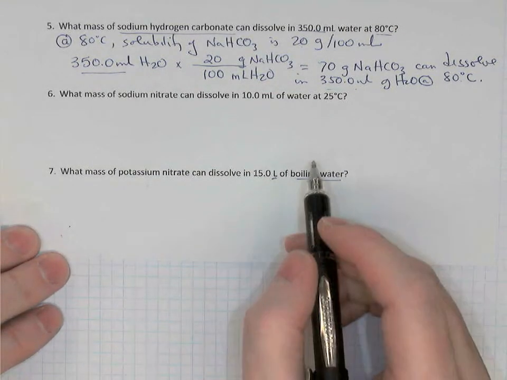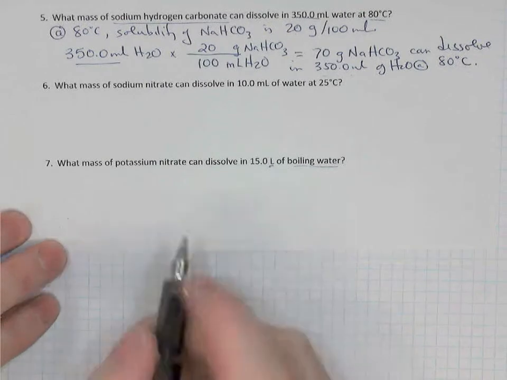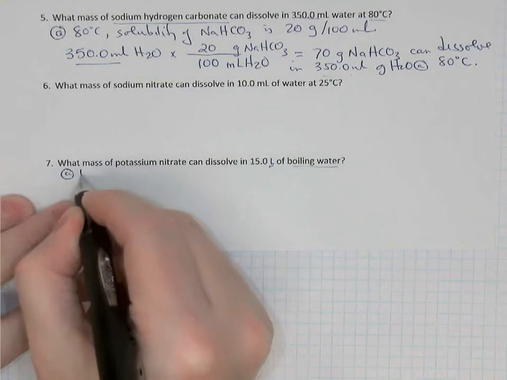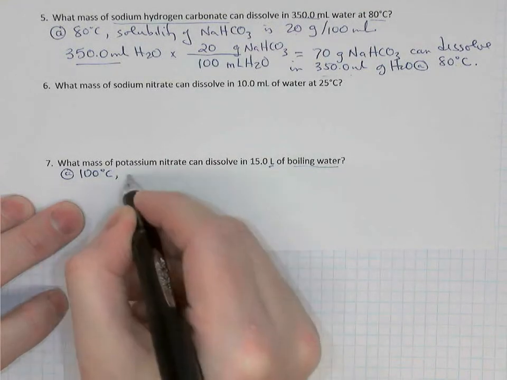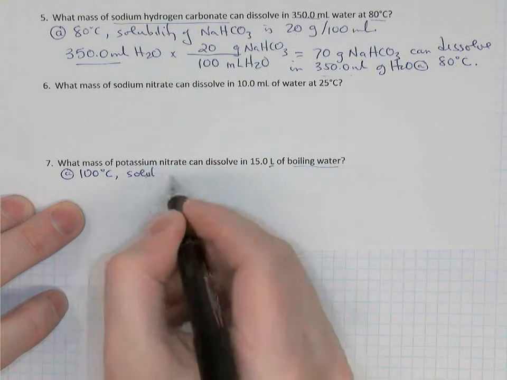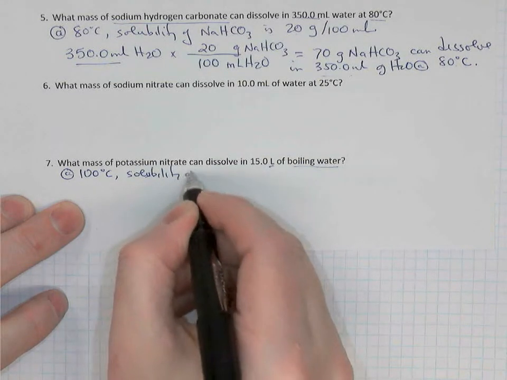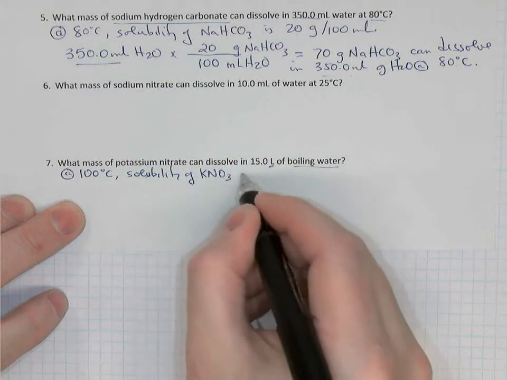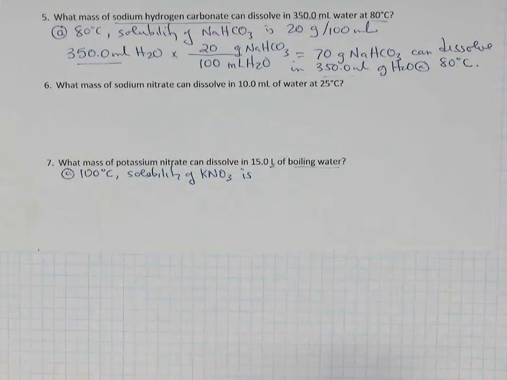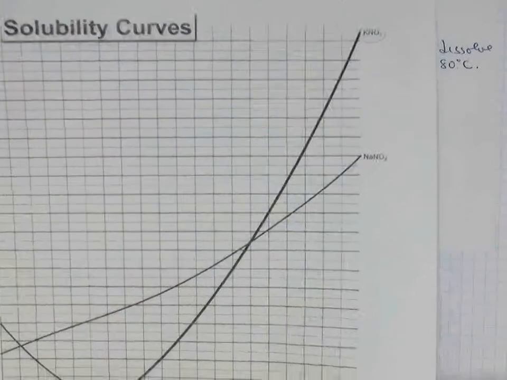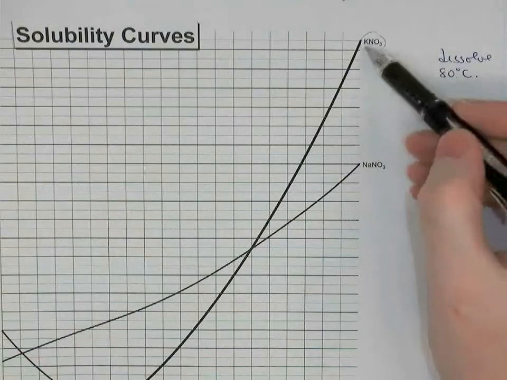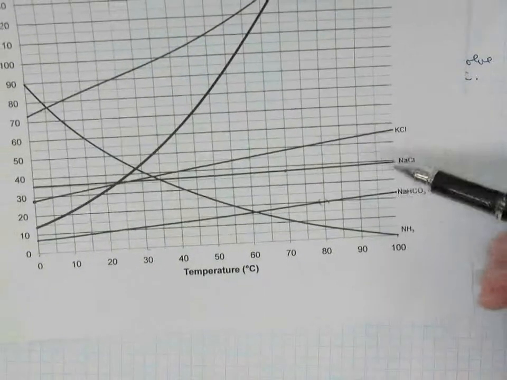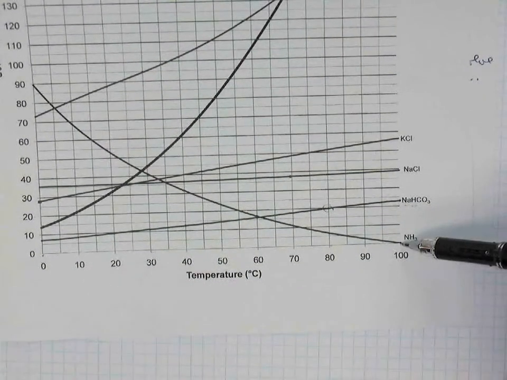But we remember that boiling water means 100 degrees Celsius, so at 100 degrees Celsius, the solubility of potassium nitrate, KNO3, is, and grab our graph, KNO3 is here. 100 degrees Celsius is the highest temperature on the graph.